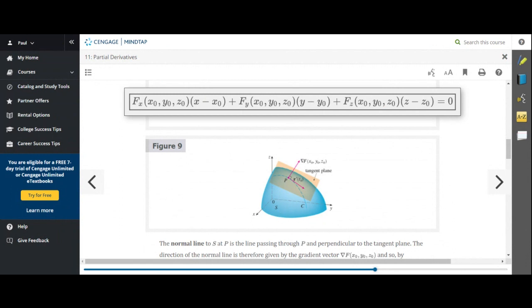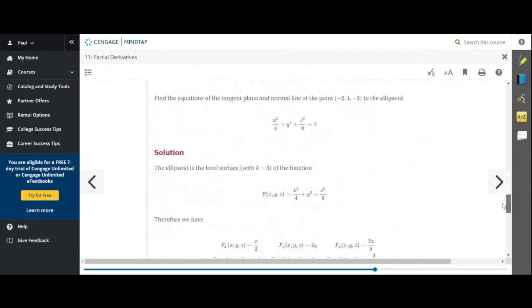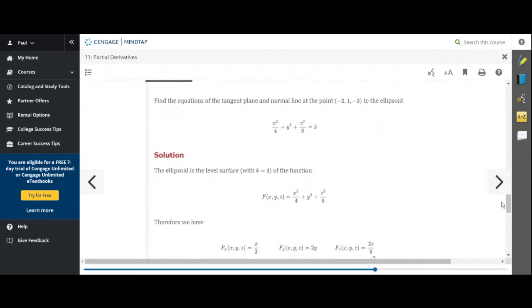And from there, we can go to example 8, which I'd like to mention here and have in the recording. Example 8 says find equations of the tangent plane and a normal line to the tangent plane. So they want us to find equations of the tangent plane and normal line at this point, -2, 1, -3 on that ellipsoid. Okay, we can do that.